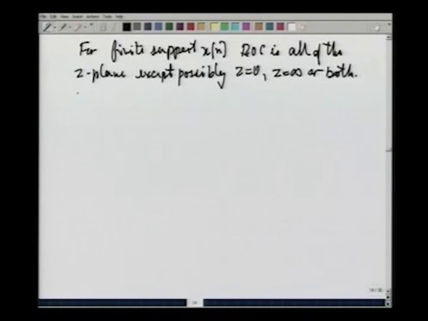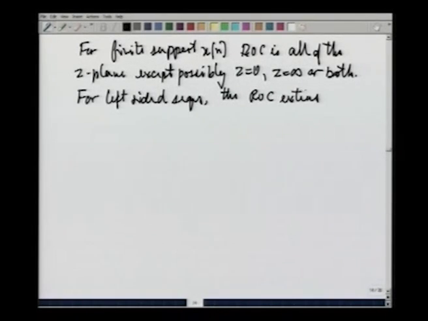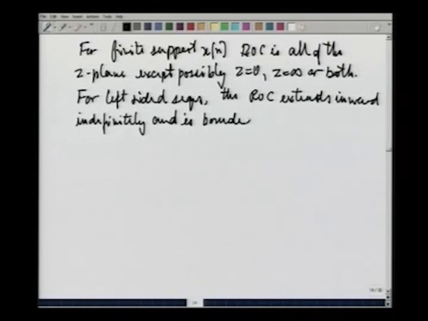For one sided sequences, for left sided sequences, the ROC extends inward indefinitely and is bounded outside by a pole.